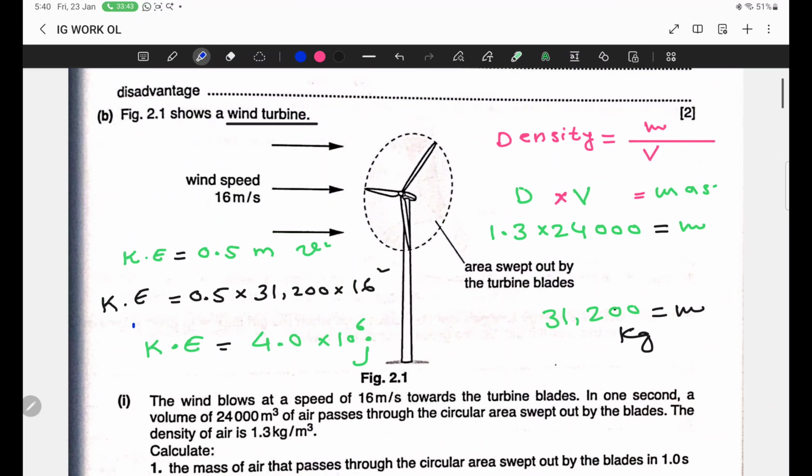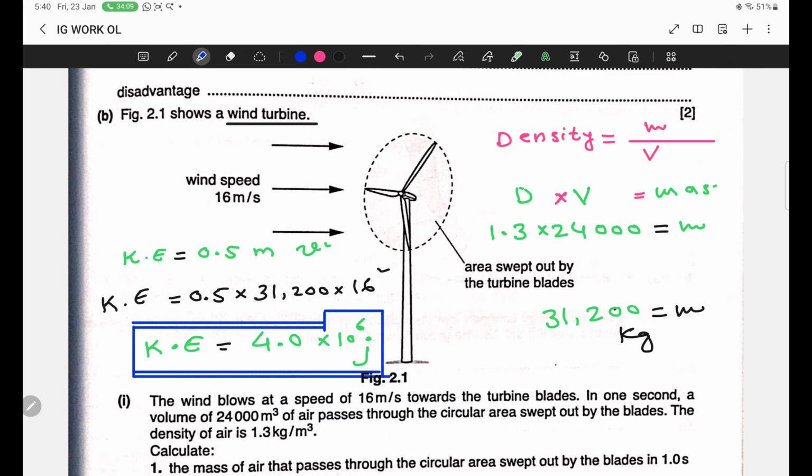Means this kinetic energy is not converted 100% into electricity. This is the kinetic energy of air, and this kinetic energy of air is converting into electricity. But the question is the entire kinetic energy is not converted into electrical energy.